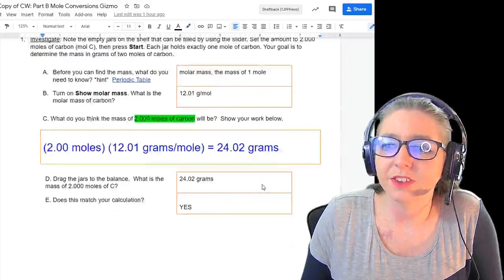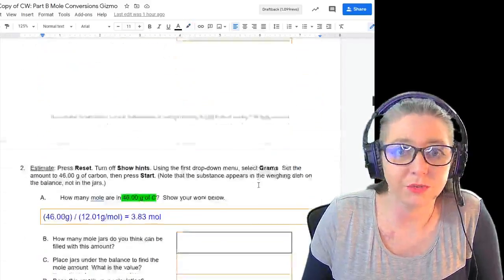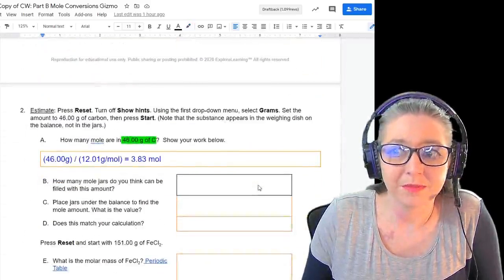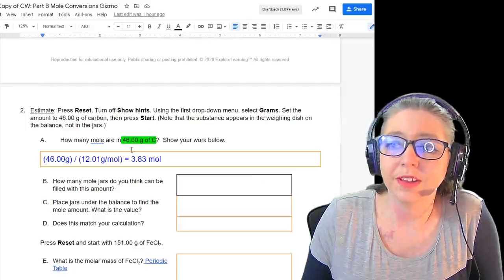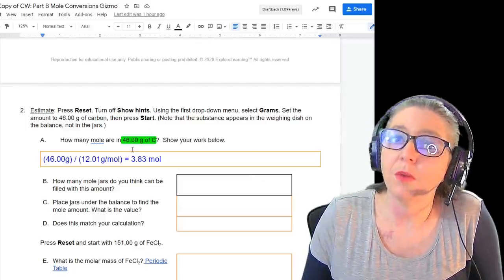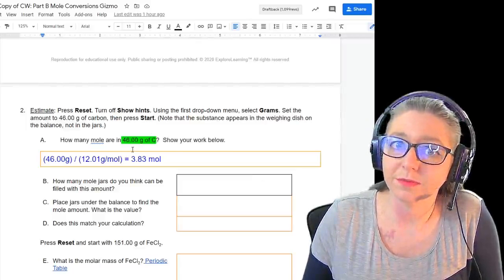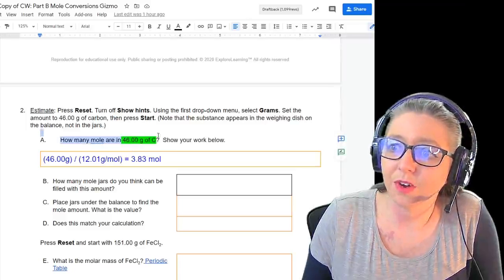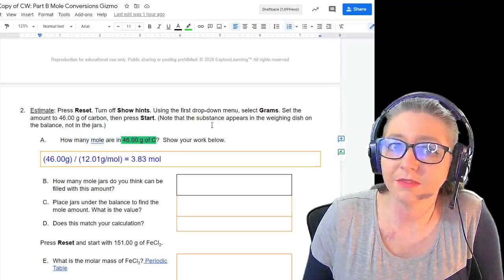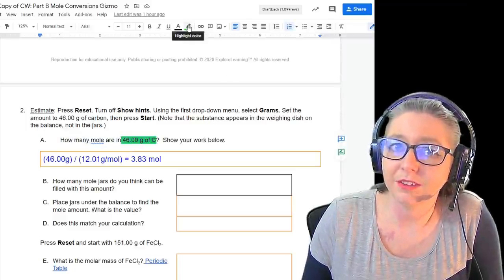So as we started on today, we started on page 2, question A. Now we were told to reset the program for 46 grams of carbon, and we wanted to know how many moles this is. So once again, I highlighted 46 grams of carbon. That's our given. I highlighted it green.